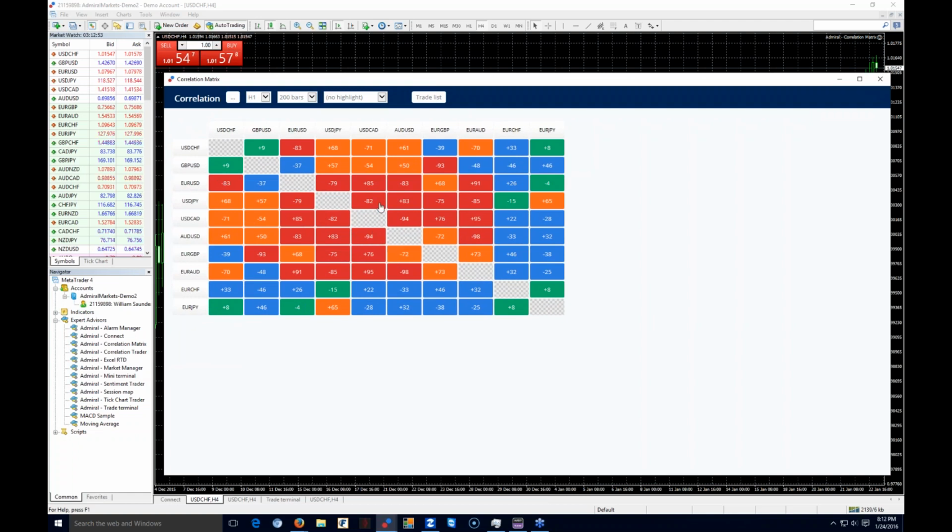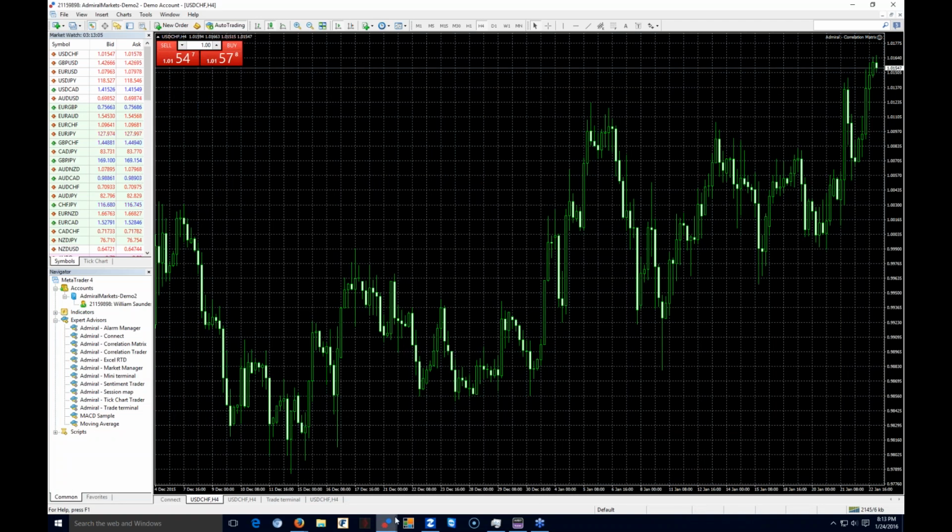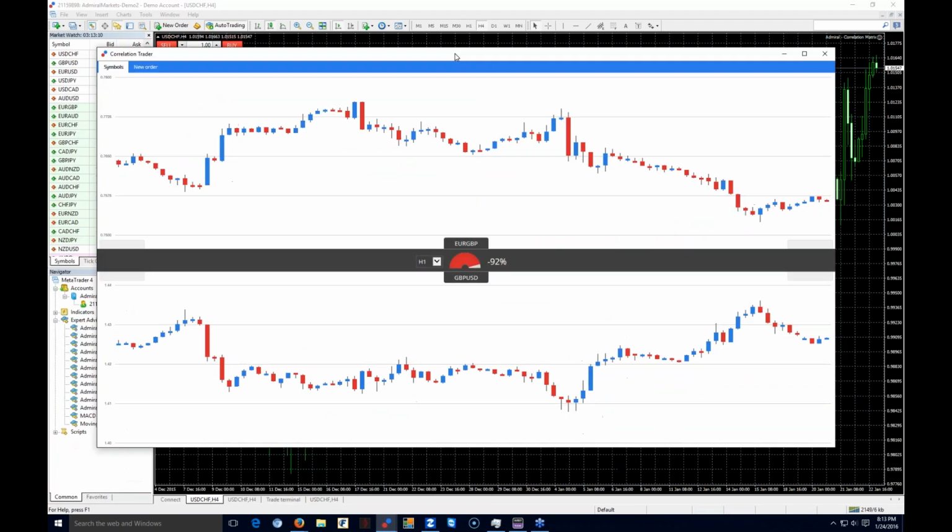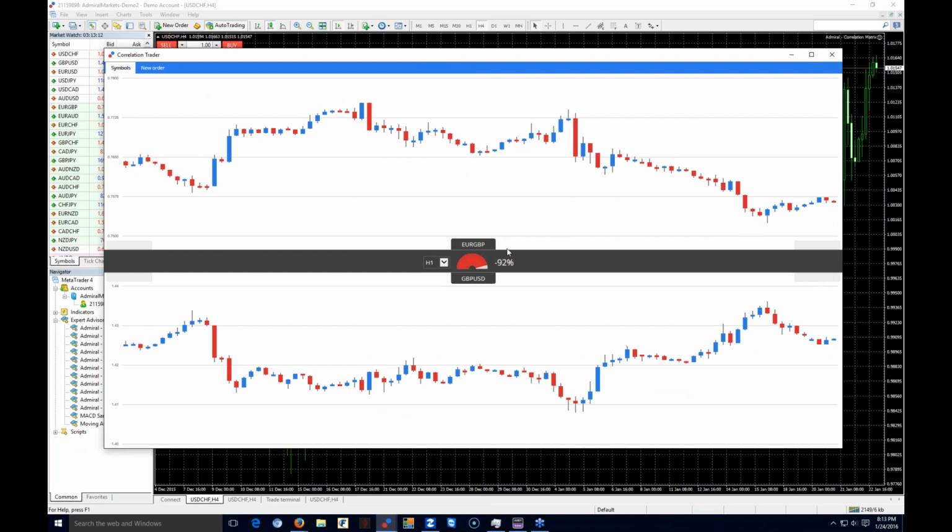So 94% USD CAD and AUD JPY. It's a complete reverse, opposites, 94%. You have a much bigger graph here. Correlations, as we can see, Euro GBP, GBP USD, 92% opposites. You can actually see the chart.